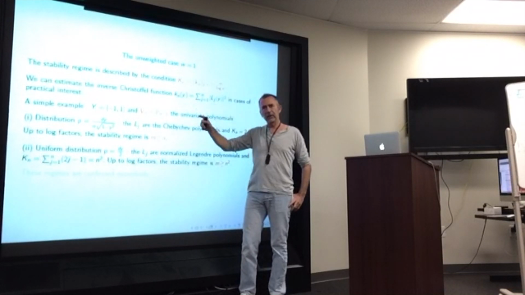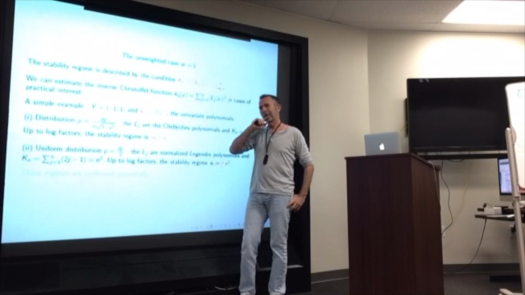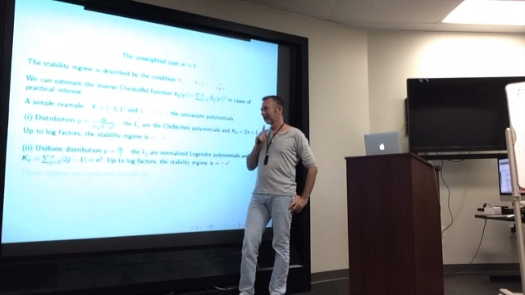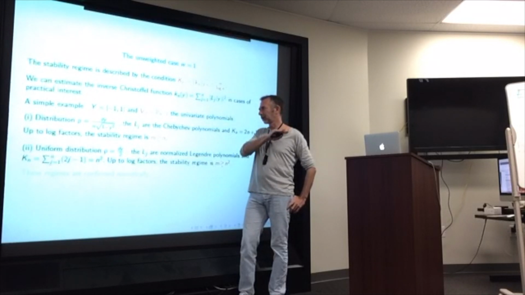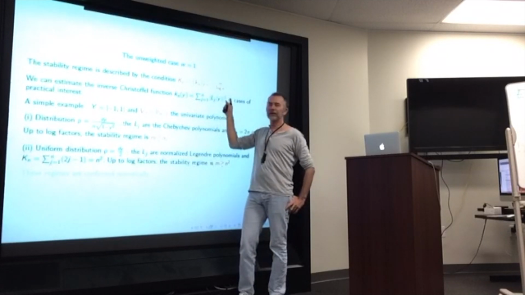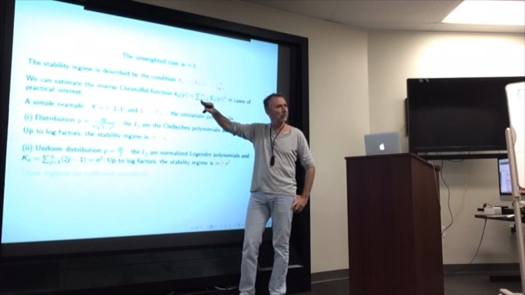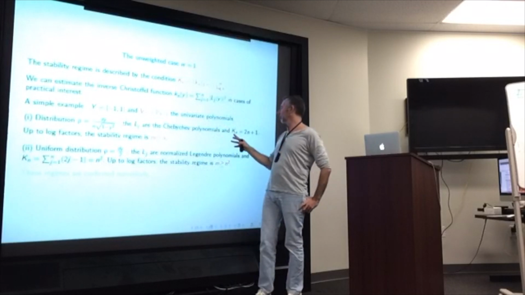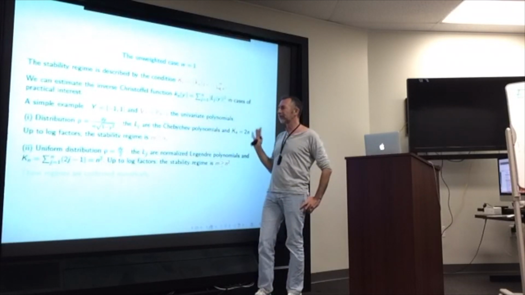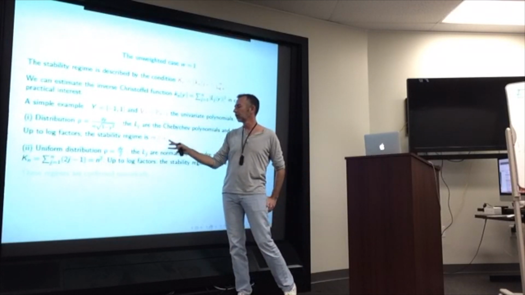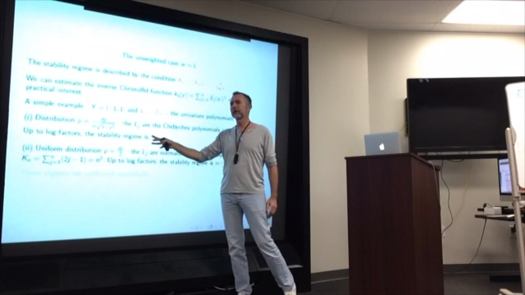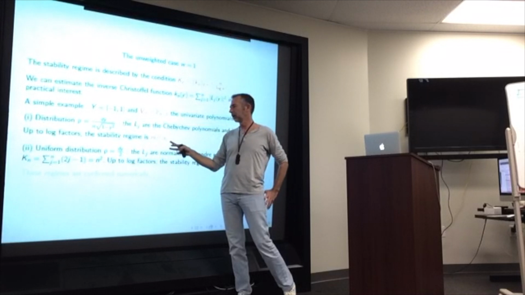They are cosine functions, cosine of n times arccosine x, right? So it means that each of these L_j is essentially like 1, and K_n is essentially behaving like n. So the stability regime, up to log factor, is quite generous. You just have that m should be bigger than n.